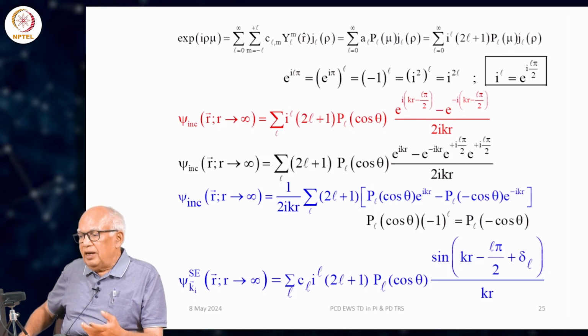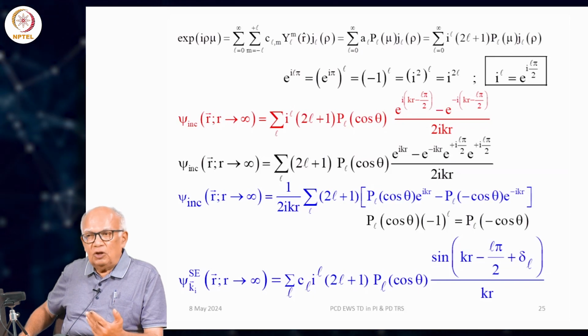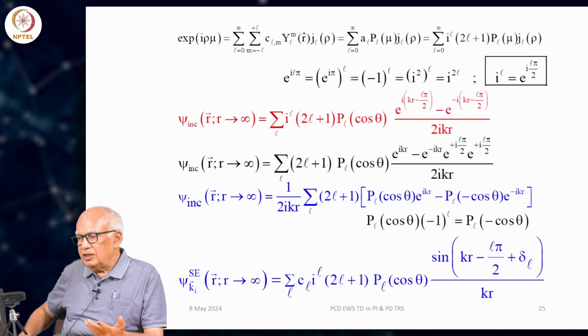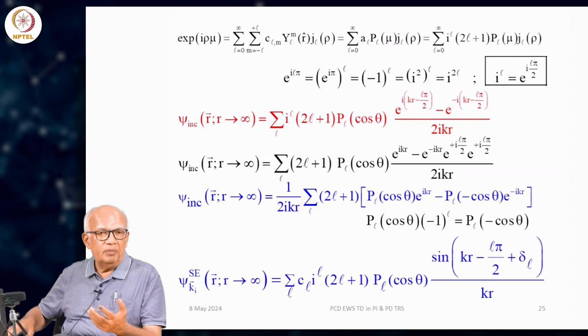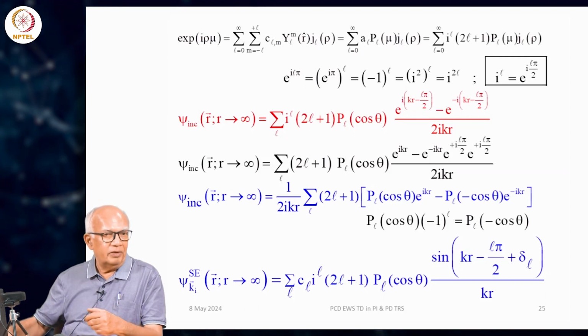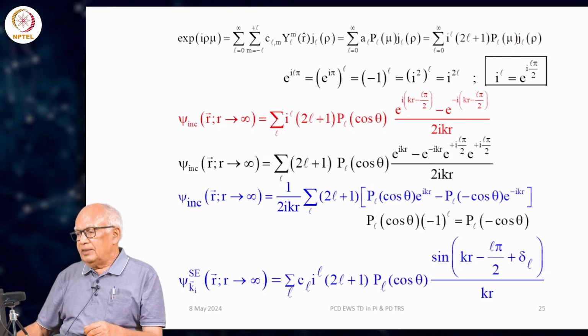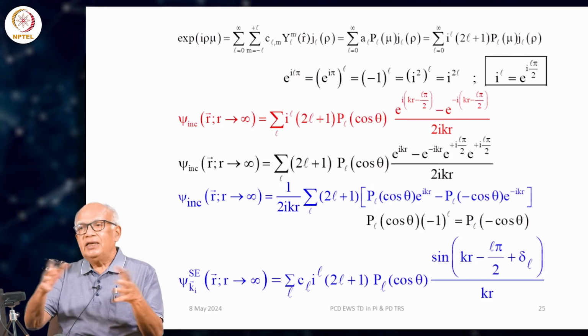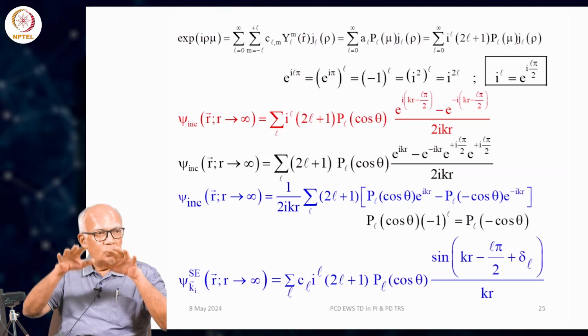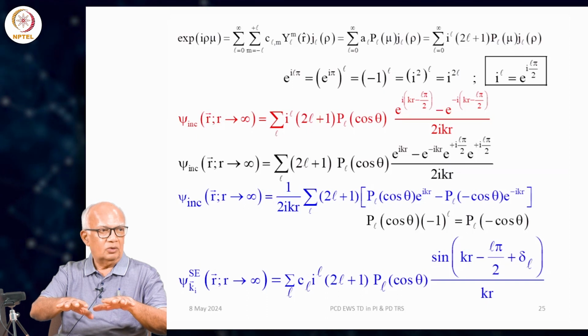The problems are there because of the potential, and the potential has got two parts. One is the physical part, which is the interaction between the electron and the nucleus or whatever, and the second is because you are projecting the 3-dimensional problem on a 1-dimensional one.